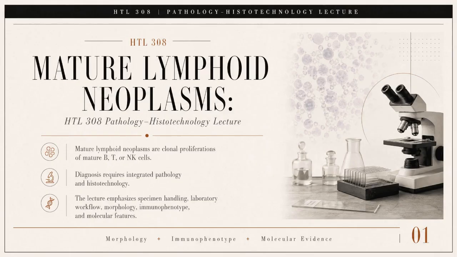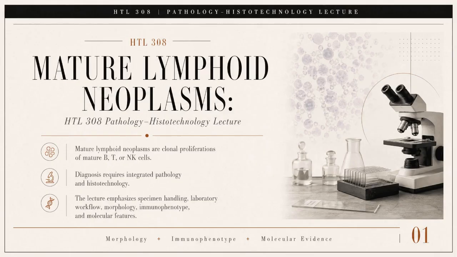Decalcification protocols for bone marrow biopsies must balance adequate mineral removal with preservation of antigenicity to maintain staining quality for immunohistochemistry, IHC. Poor fixation or over-decalcification can obscure cellular details or compromise antigen detection, leading to diagnostic pitfalls.